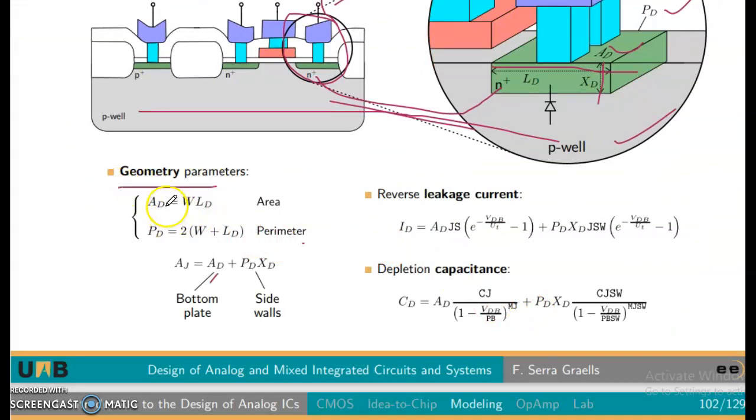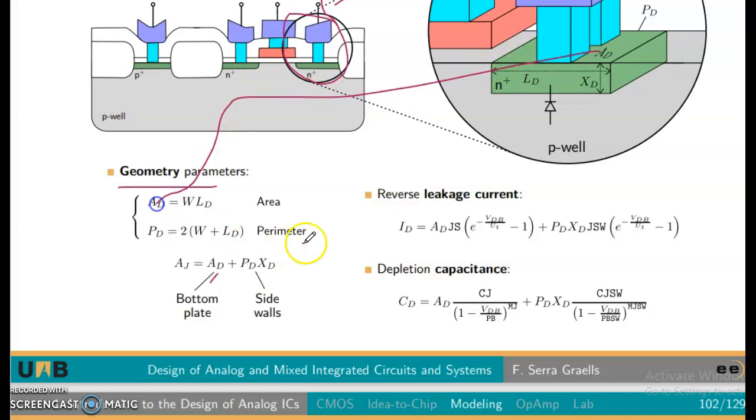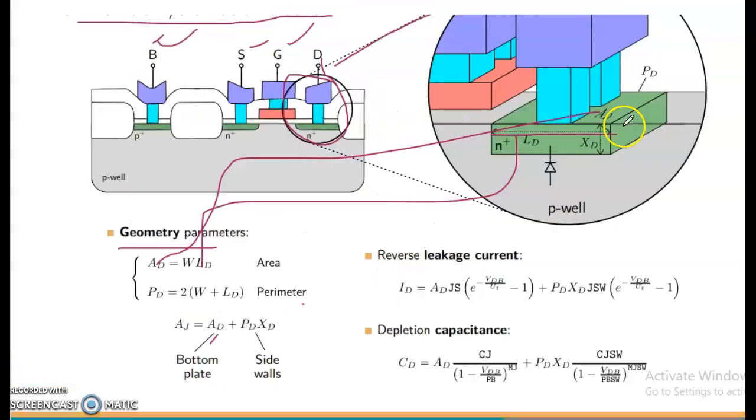Geometry parameters: AD. This AD equals W times LD, this distance, and then the width.